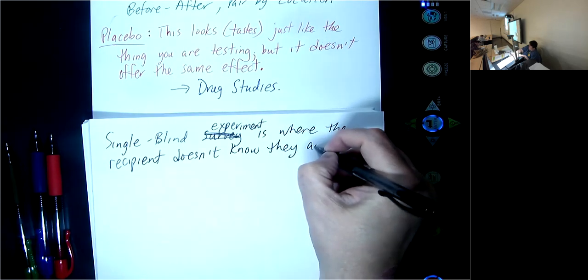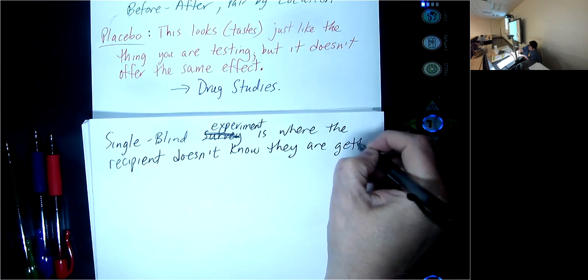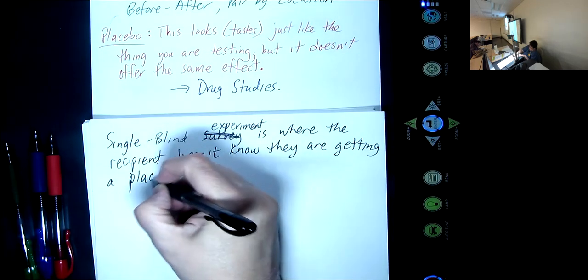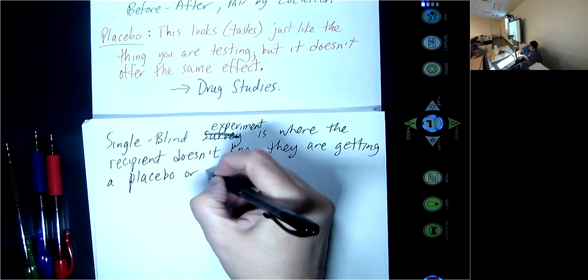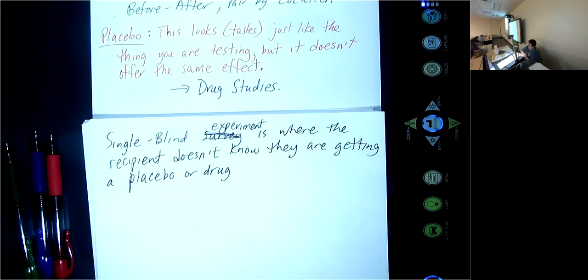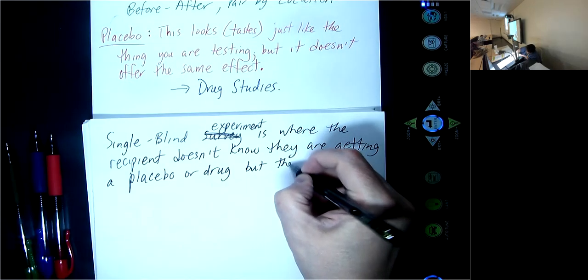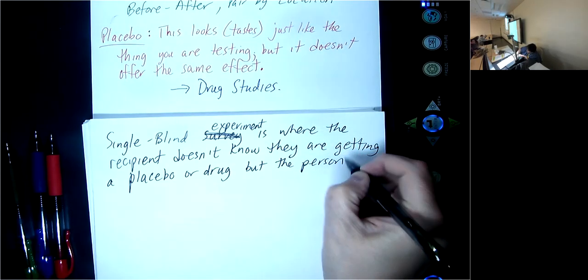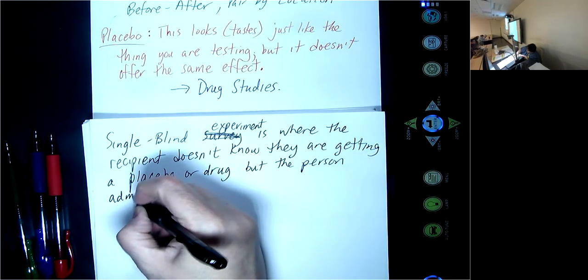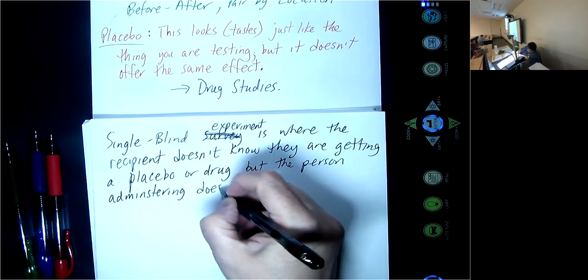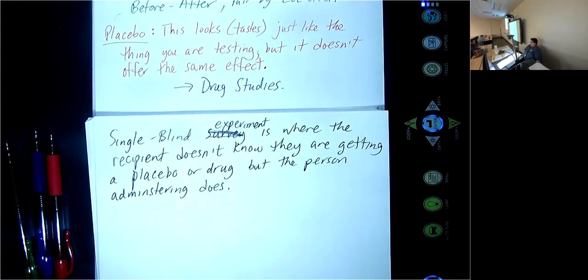They are getting a placebo or drug. But the person administering does. The blind person is the recipient in that sense.